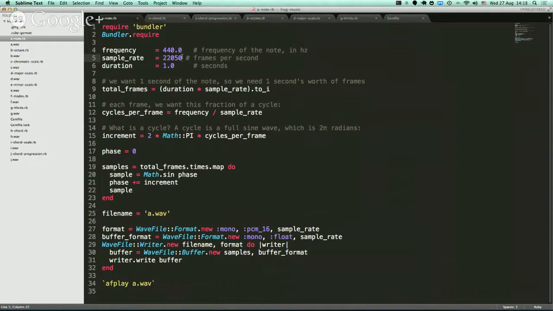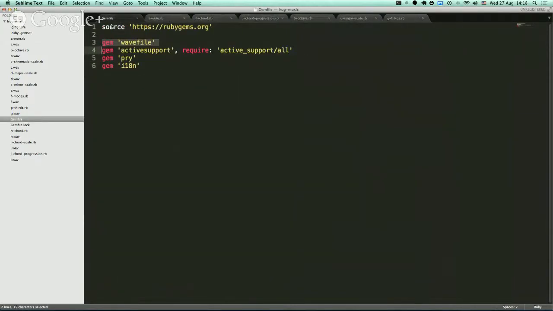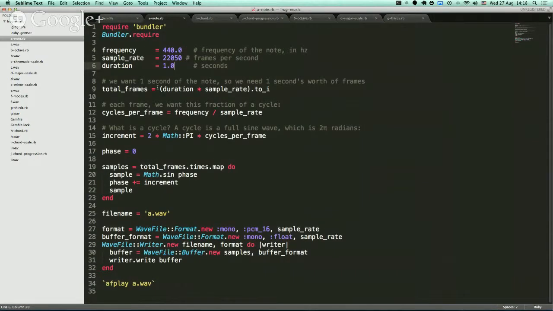It's actually half of CD quality, but it's good enough for our purposes. And this is the duration. His code uses a gem called wave file, which helps you generate .wav files. If you look at my project folder, there's an a.wav, which is generated from running this a_note.rb.